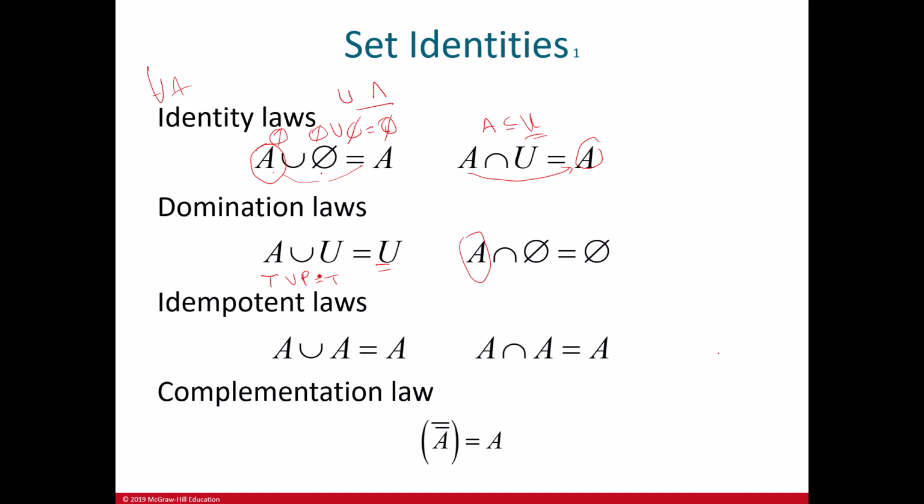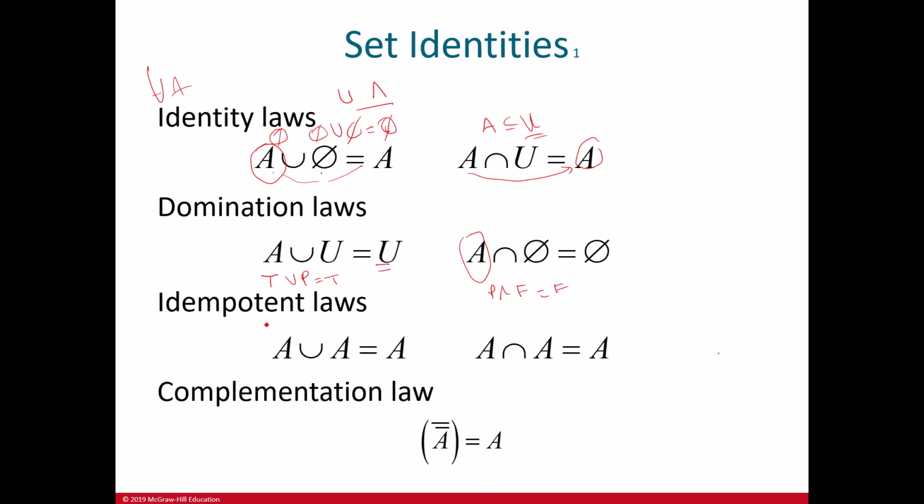You can see the similarity between this law and the laws that we talked about in propositional logic. Here it is like saying P and false is always false. So yes, you can see the similarity between the two, but the meaning all comes down to the definition of the respective operations.